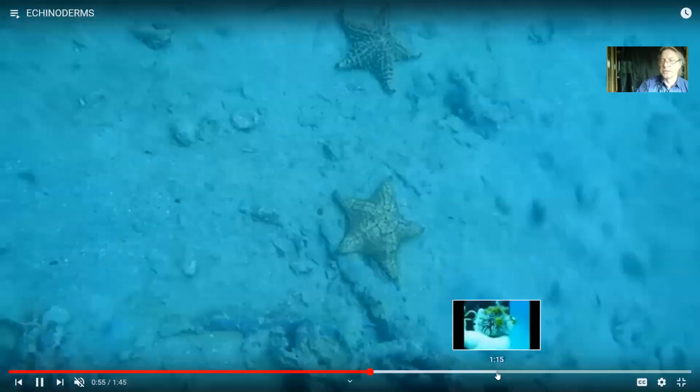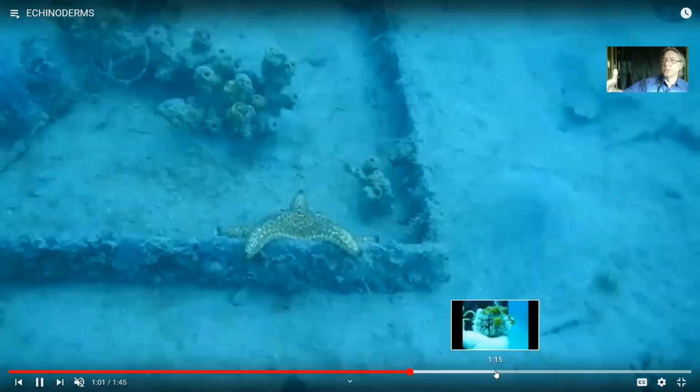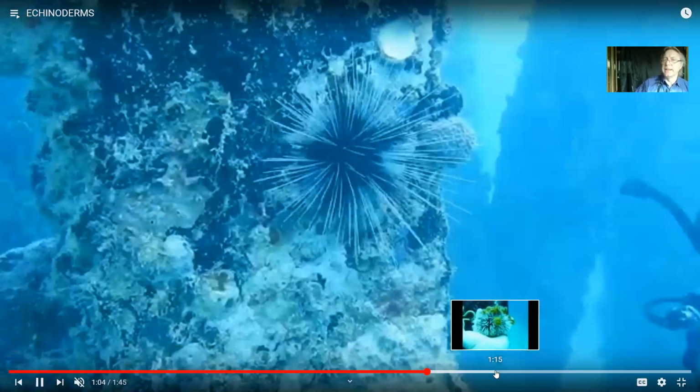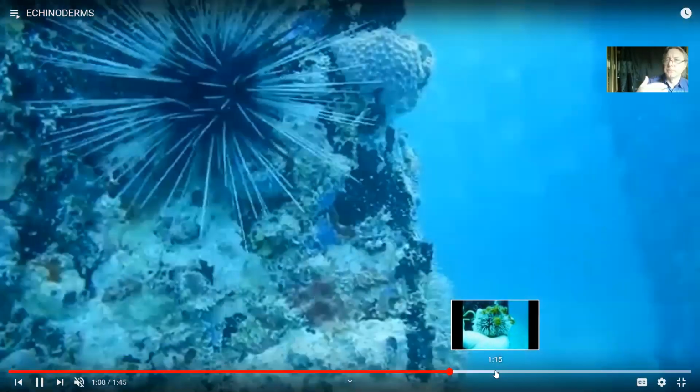So here I have some images of a couple. So the starfish, which can use their arms to, say, grab a mollusk and pull open the shells. They can then evert their stomach and digest the mollusk while it's in its shell and suck up the remains.